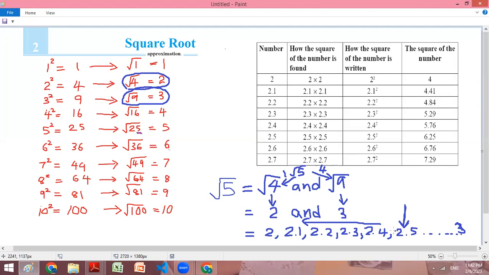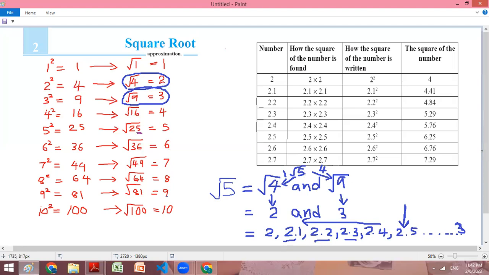In that kind of situation, we want to find the value of the square root of 5. What is the better approximation value of the square root of 5? 2.1 or 2.2 or 2.3.